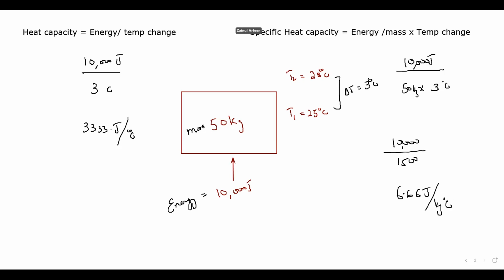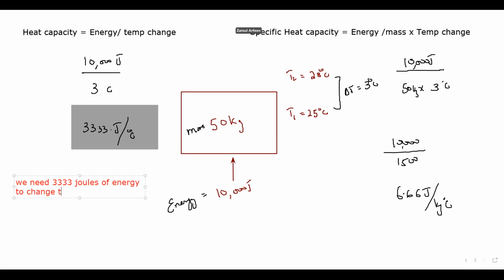So what does it mean, the two values? What is the meaning of the first value? The heat capacity means we need 3,333 joules of energy to change temperature by 1 degree centigrade. And what is 66.6? What does this stand for?